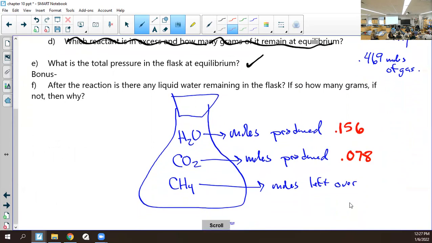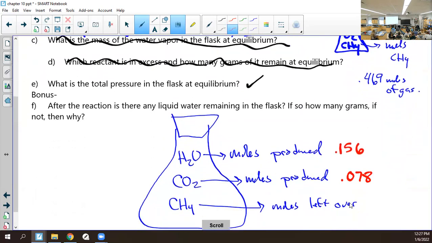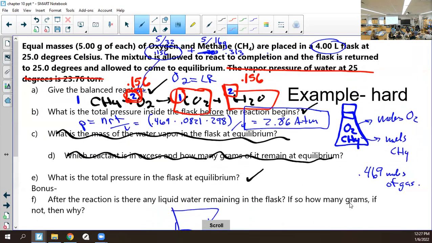Okay, 0.078. We can get that by knowing the moles of limiting reactant and applying their coefficients. Okay, here we go. This one is a little bit different. This stuff is used up, correct? And I use up 1/2 again as much of the limiting reactant.